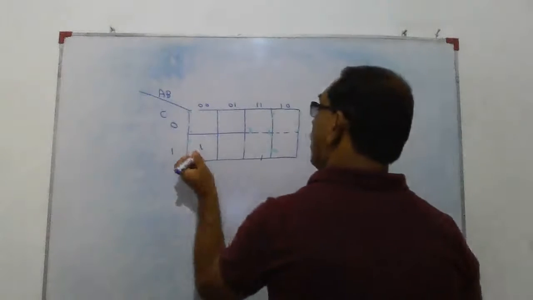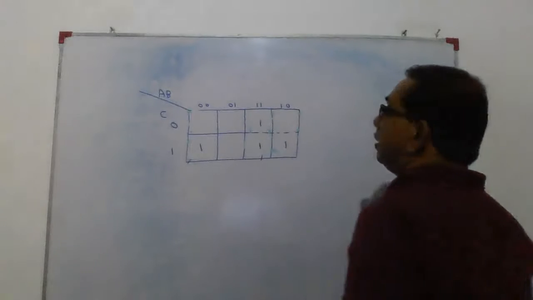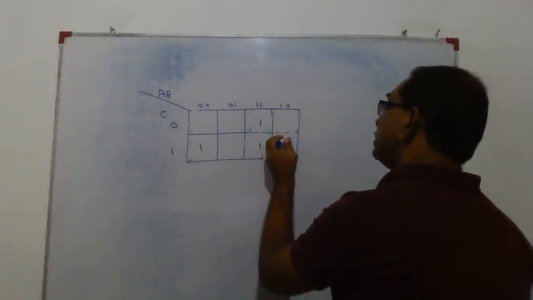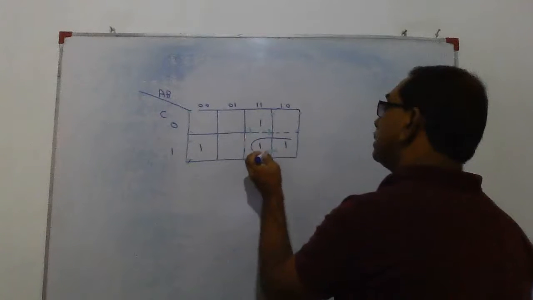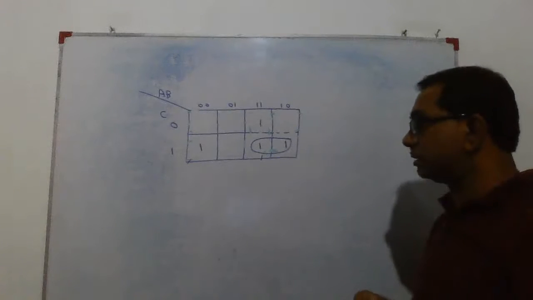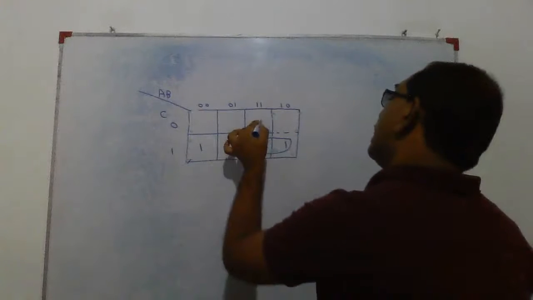You have 1 here, and again 1 here, and like this. Now you easily join these 2. Here you can set up a group, but there is a 1 here.